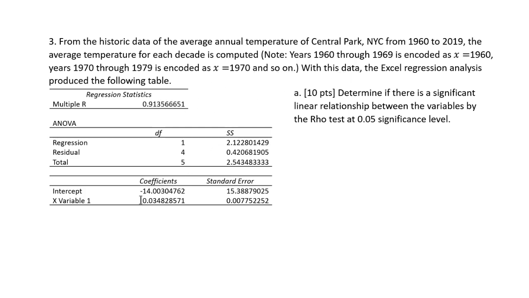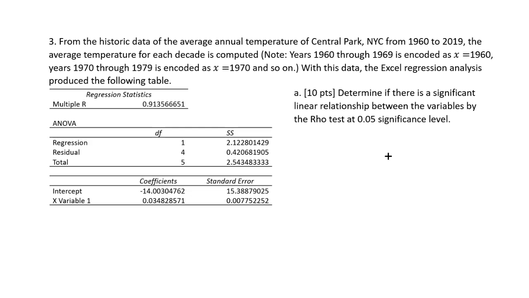And actually, if you look at the coefficient of x1, this is positive, so and also this is positive, so it's positively correlated, which means that as years go by, the temperature goes up. So this is a pretty important or very compelling evidence that there is global warming.